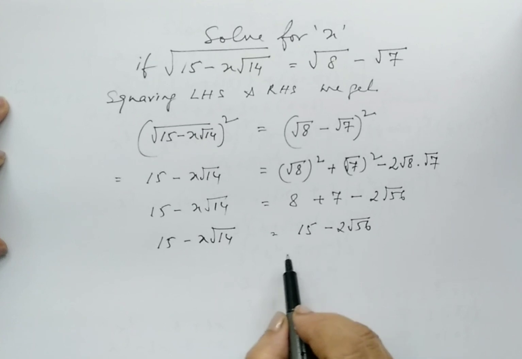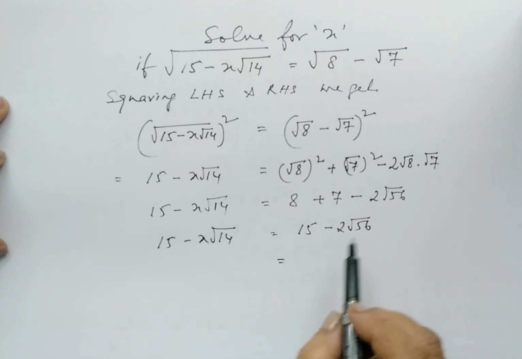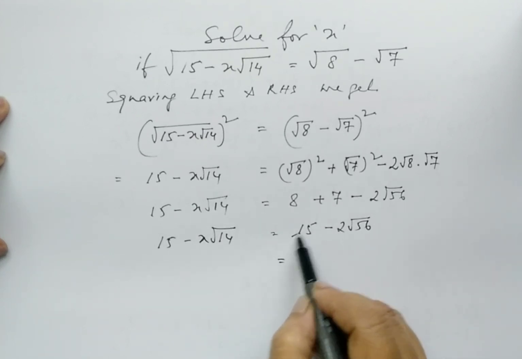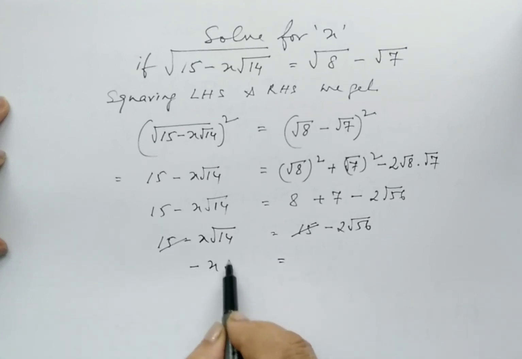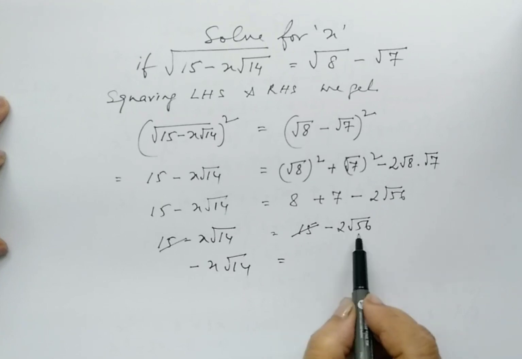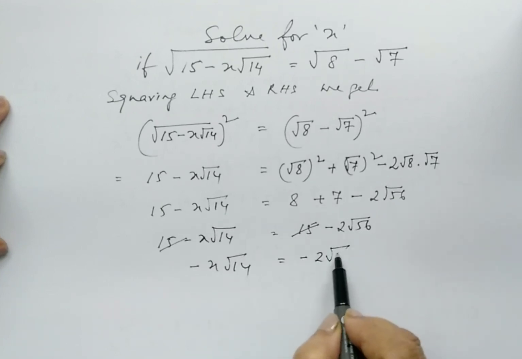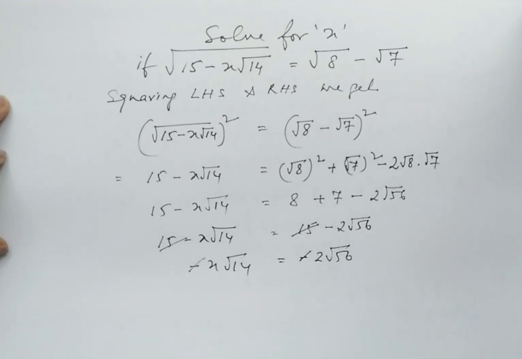Can we simplify this further? 15 gets cut and I am left with minus x root 14 here, and with this minus 2 root 56. Minus minus also gets cancelled from LHS and RHS.